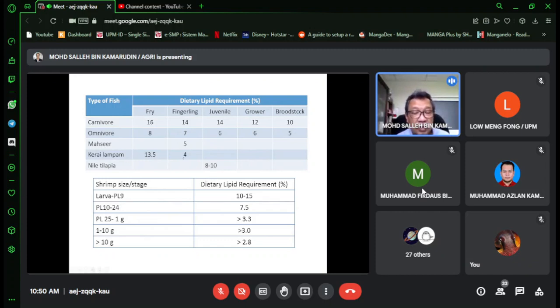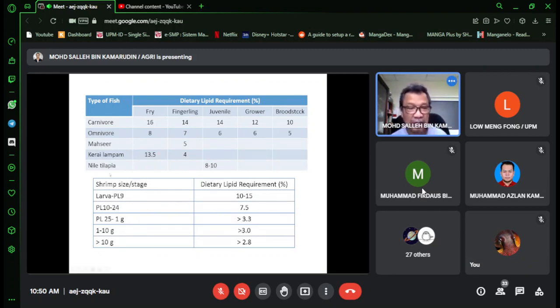For Cryolampam, we have done the research. For larvae, it's very high, 13.5. And for fingerlings and juvenile, we found that the optimal is about 4. If you put more than 8, the growth will start to drop drastically. So more than the requirement, optimal, ada masalah bagi some fish.